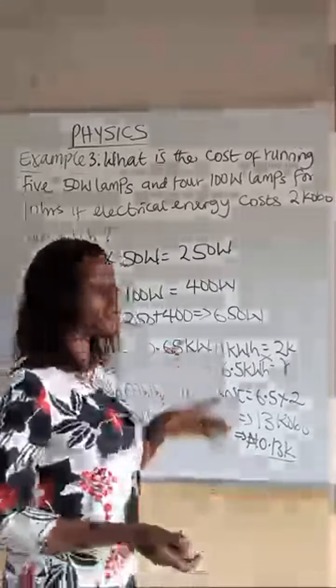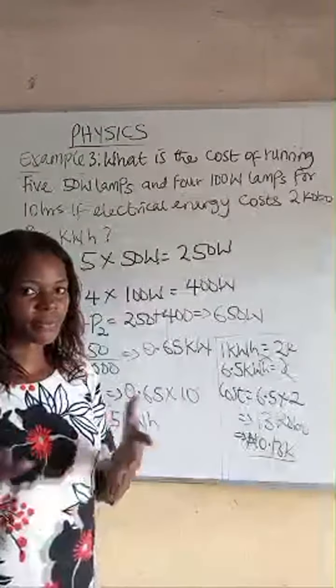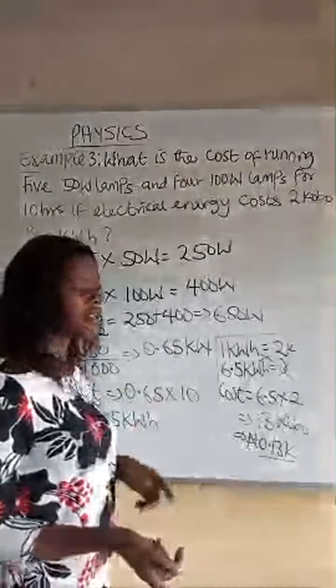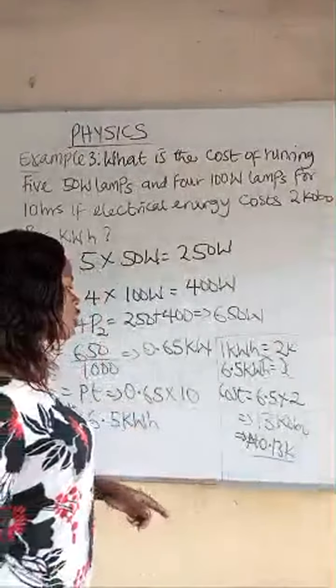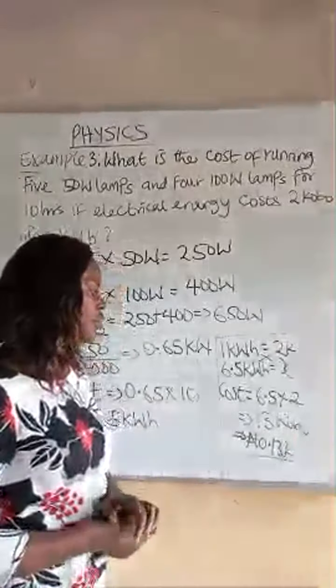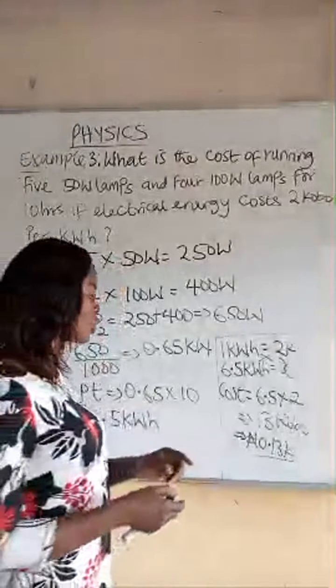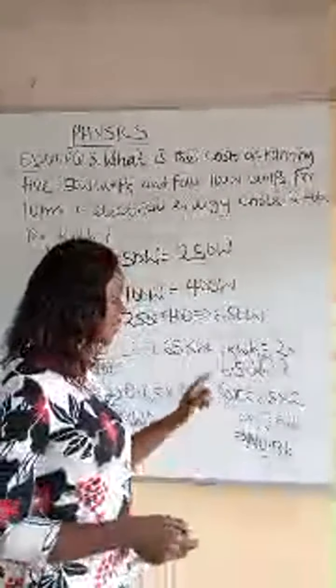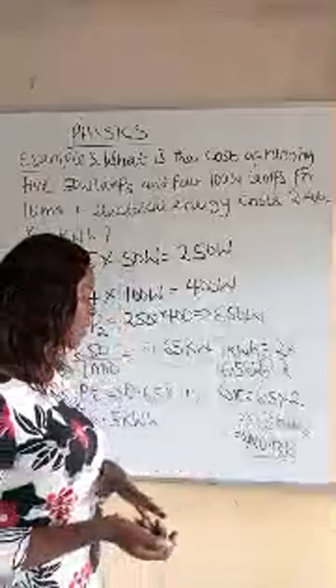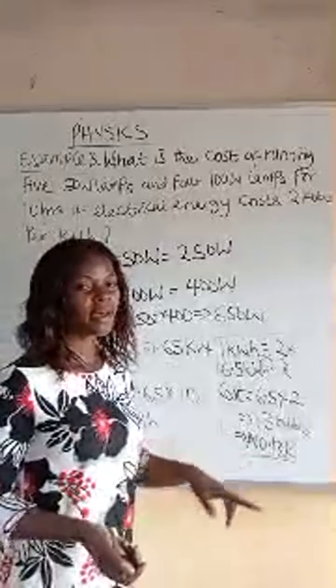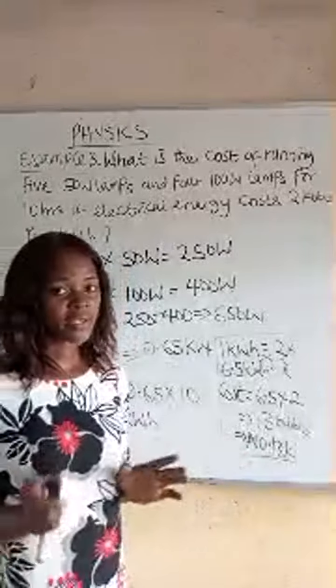Therefore, 6.5 kilowatt hours is going to give us X, and that is the cost we are looking for. So we say cross multiply. We multiply 6.5 times 2, gives us 13 kobo, or better still, 0 naira 13 kobo. Do you understand? All right.